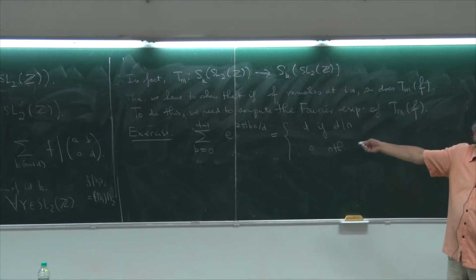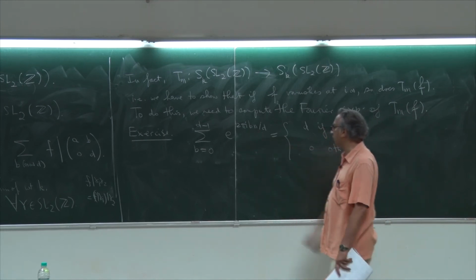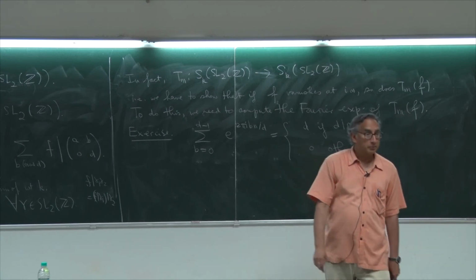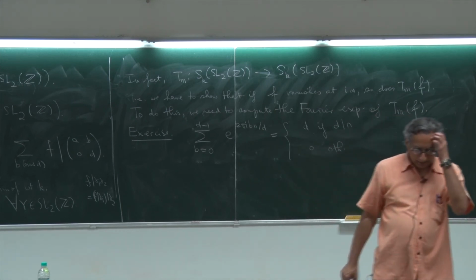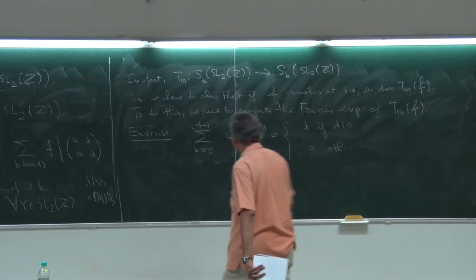And you can see that if n is divisible by d, these are all just ones, and you pick up a d. If they're not, you get a permutation of some primitive dth roots of unity, and then you partition it and you get 0. But I'll leave that to you to check.